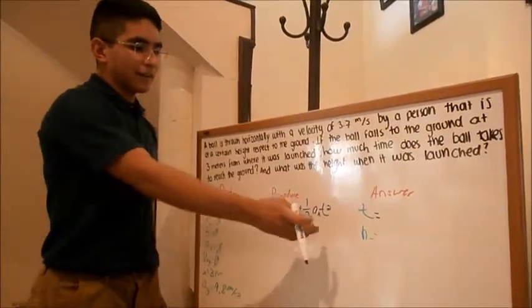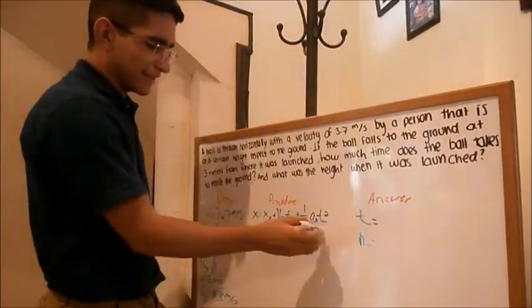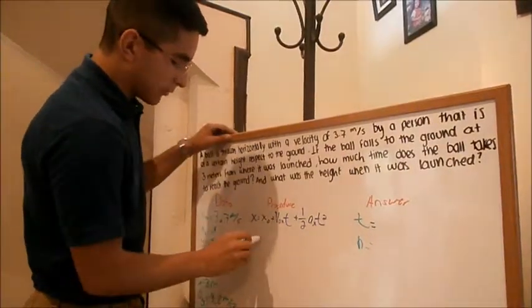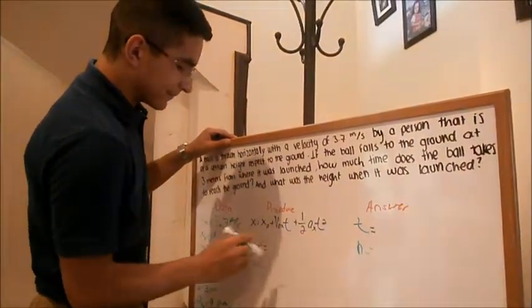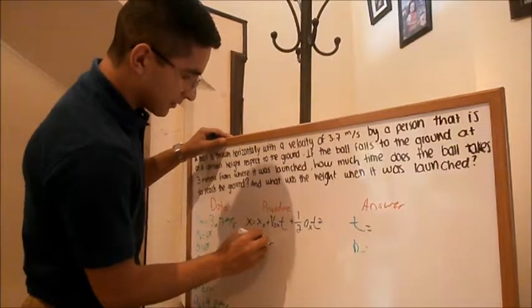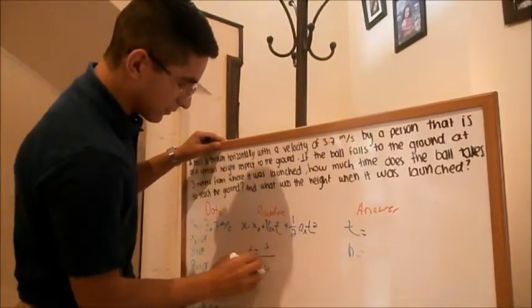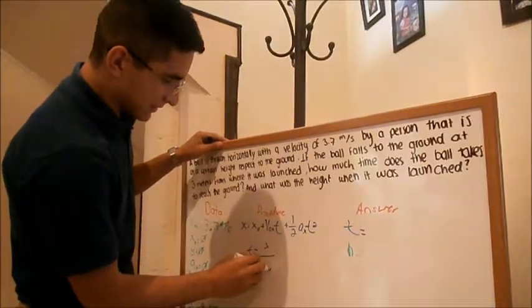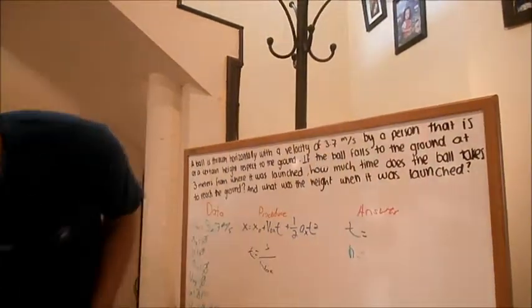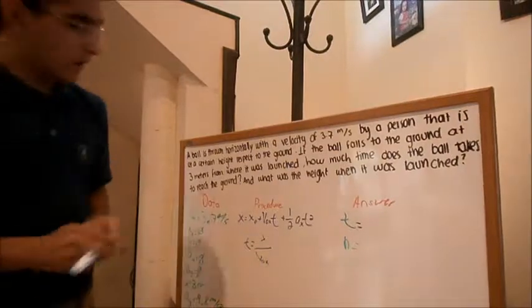And if I isolate the time in the formula, the time will be equal to x over v sub x.